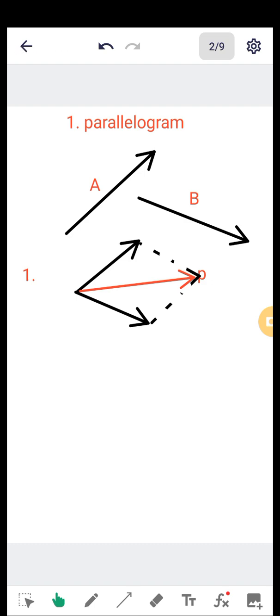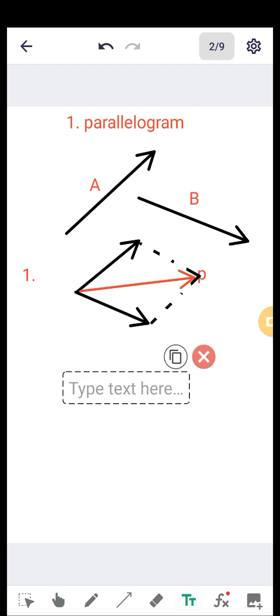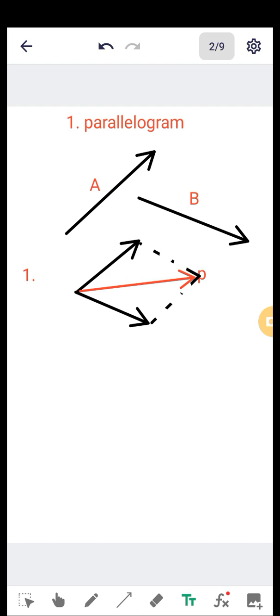So we proceed. Now to find this resultant, you need to erase everything here. You can erase everything, so just simply use this part.